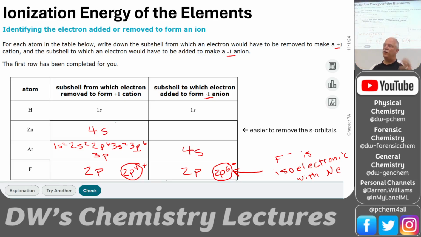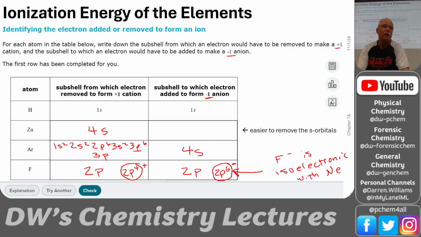So for these transition metals, when you're going to ionize them, it's easier to break the s orbital than the d orbitals. So we pull that electron out of the s orbital for the zinc. And does that go for iron and all of the metals in general? I think so. I think that first cation comes out, the first electron comes out of the s orbital.